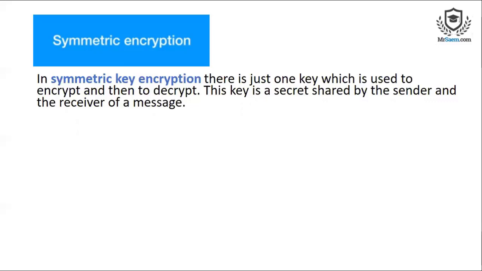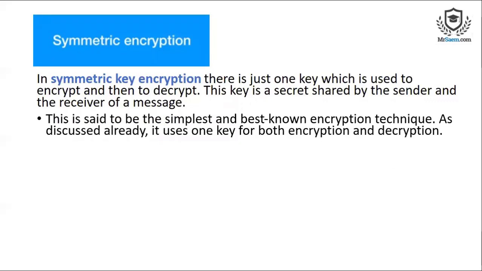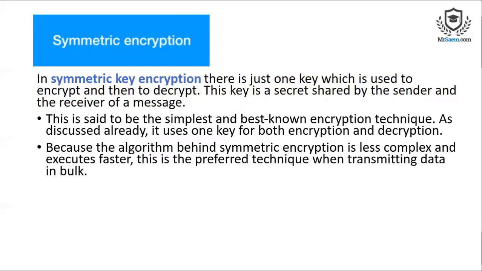The key is shared by the sender and the receiver of the message. It's one of the simplest, best known techniques to encrypt and decrypt data. Because the algorithm behind symmetric encryption is less complex and shorter, it will obviously execute faster, since it's simple.